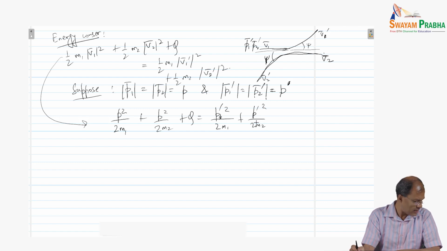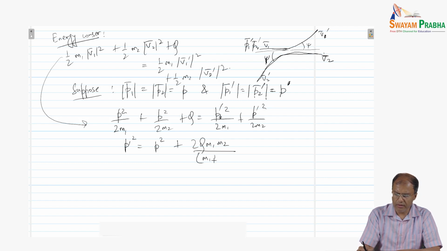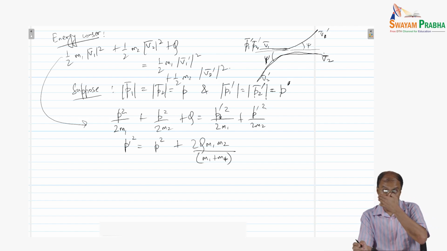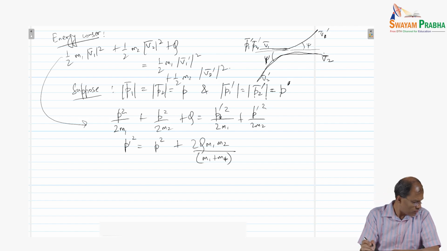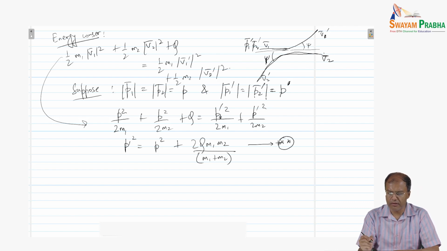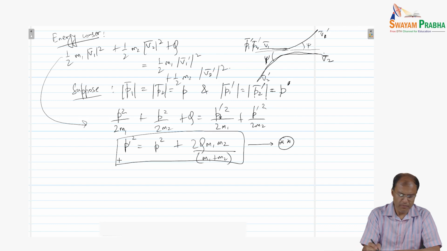And we see that P prime square is P square plus 2Q m1 m2 by m1 plus m2, right? Let me call this equation double star. So this is my energy equation.